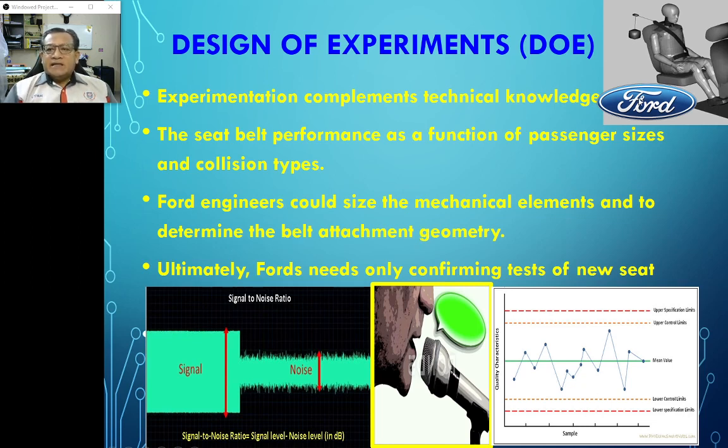The mechanical elements are, for example, the seat belt itself, the seat, or the attachment geometry of the belt, whether diagonal or horizontal. Only that way can Ford confirm the best combination of tests for the new seat. So, for example, this is your testing.